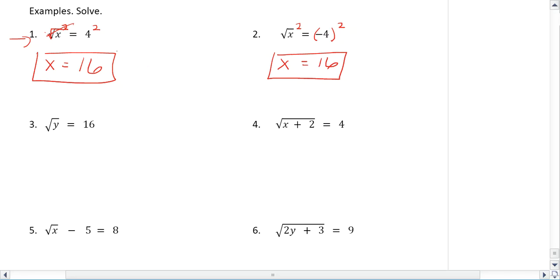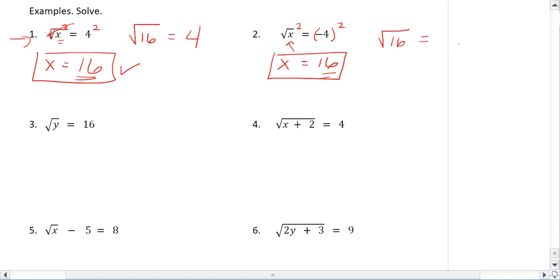So let's check example 1. Let's take this 16 and plug it in where x is. What is the square root of 16? Well, the square root of 16 is 4. So this one checks out. This is okay. Let's take this one here. Let's take this 16 and put it right in there. The square root of 16.